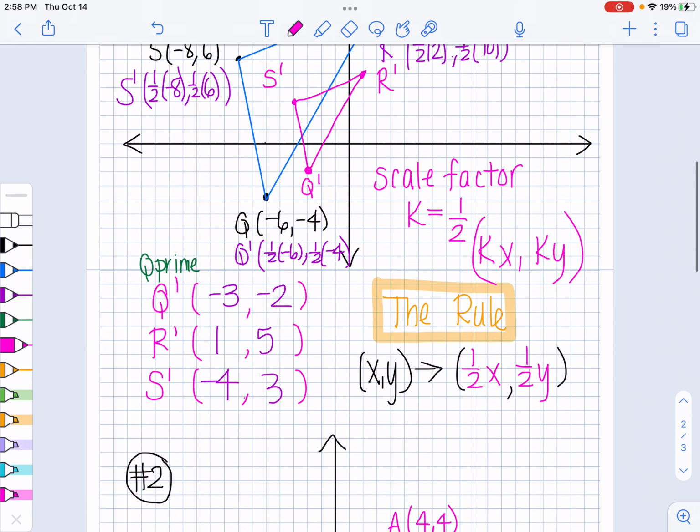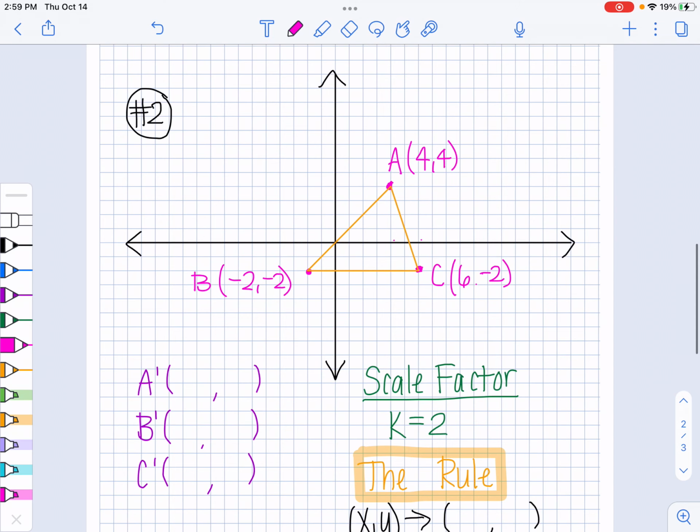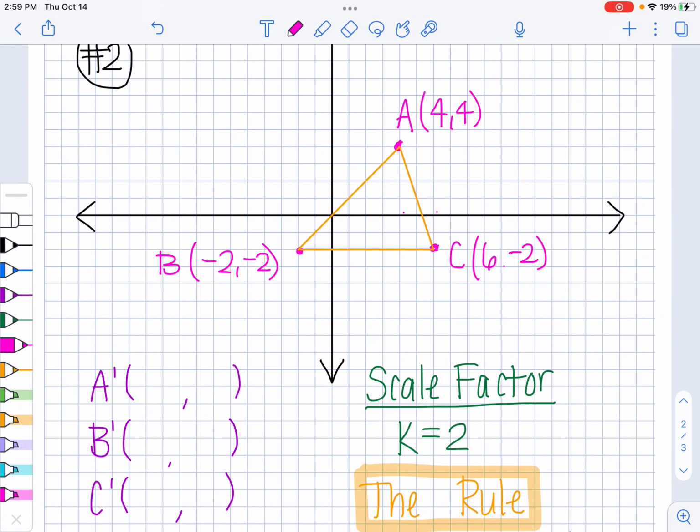Let's try one more. Here I have another triangle, and I first want you to find, with a scale factor of 2, my new points A prime, B prime, and C prime, and write the rule. Now I just take my scale factor and multiply it by everything. Let me use a different color. How about blue? For A prime, I take 2 times 4 and 2 times 4, which gives me 8, 8.